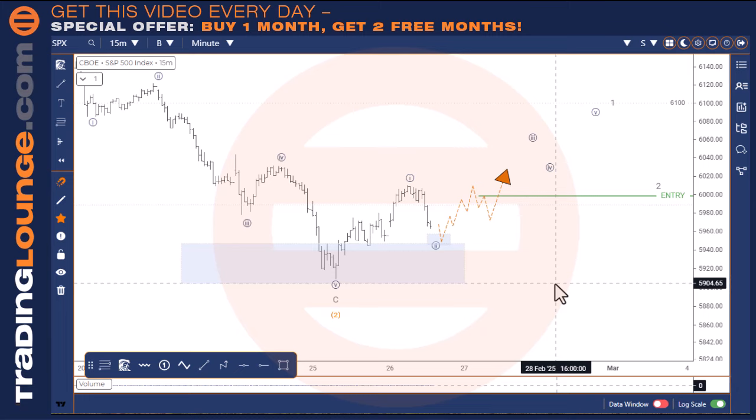Now, everybody is an analyst and everybody is a trader or investor. So putting on your analyst hat or your trading hat is something that you need to flick through a little bit. If we do have a low in place and the market does move up, it would be nice to be long.